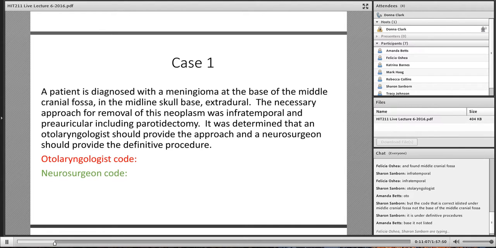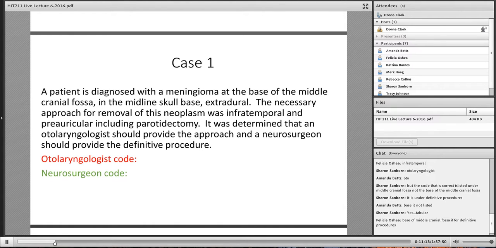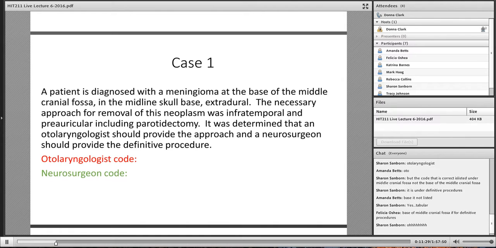Okay, so now think about it, what you have is three stages, okay? Approach, definitive procedure, and repair or reconstruction. We are coding for the approach, not the definitive procedure. That's our second code. So it's three stages. The approach deals with how you're accessing the area, okay?